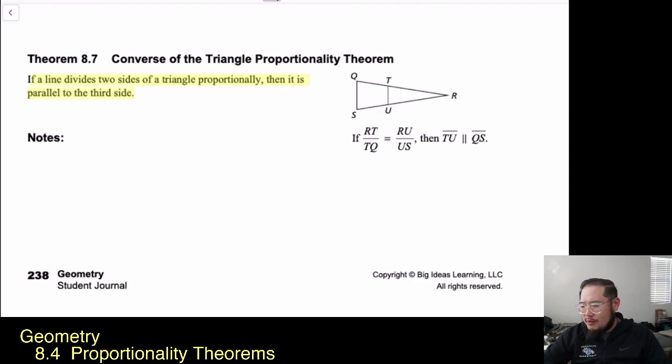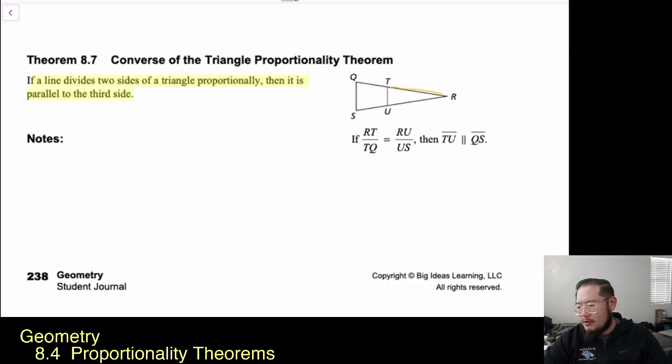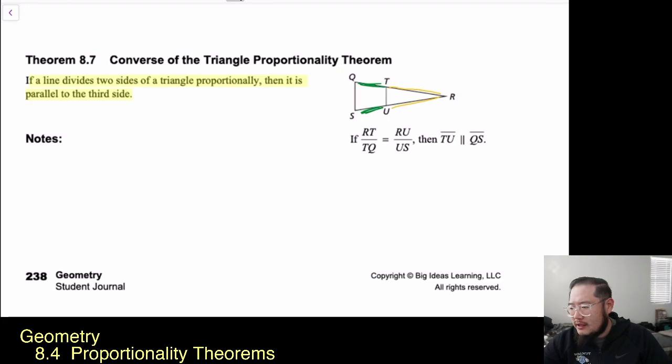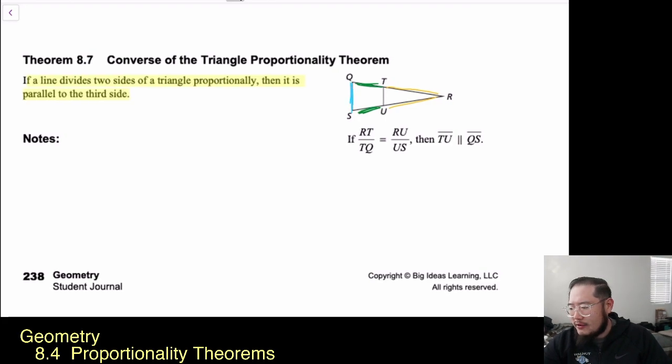So pretty much what they're saying is, if these sides are proportionate, like TR and QT, and that is equal to RU over US, then what we're saying finally at the end is that QS is parallel to TU. So we have ourselves some parallel lines, and that's the bottom line.